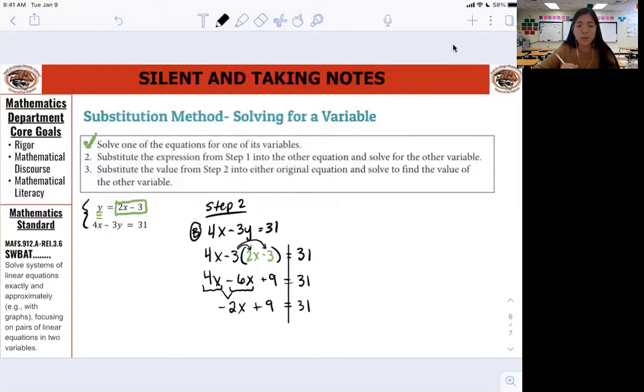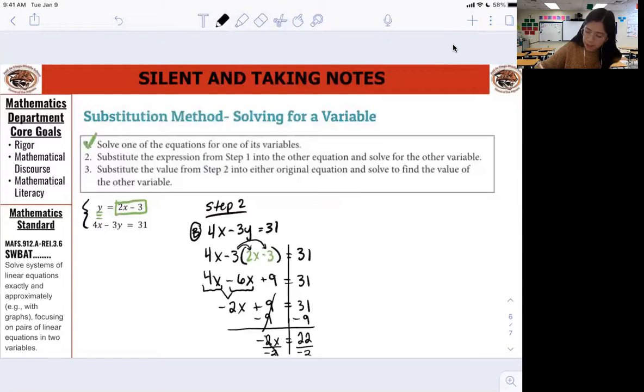I need to solve for x. I'm going to subtract 9 on both sides. And I'm left with negative 2x equals 31 minus 9, that's going to be 22. Now, finally, I can divide both sides by negative 2.